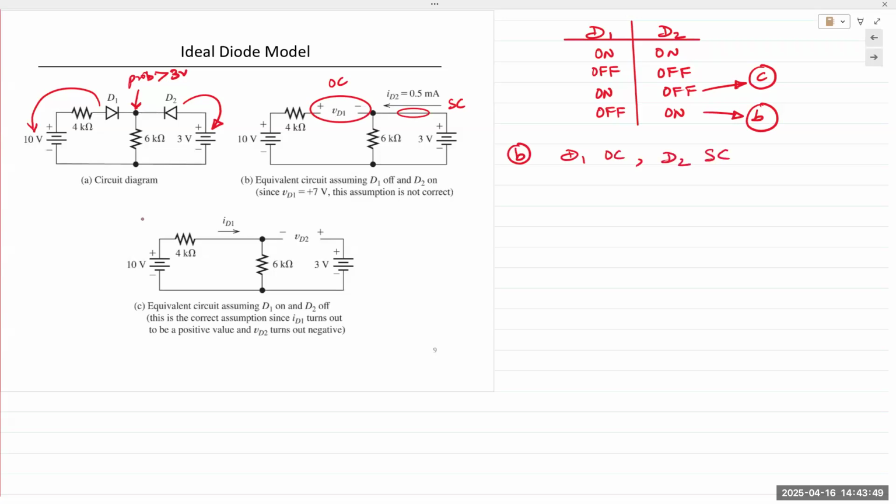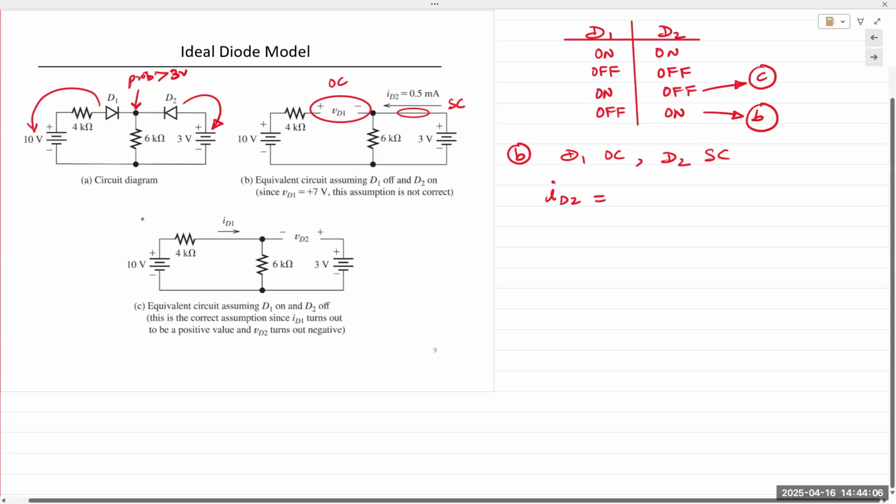The left side of the circuit is completely disconnected because of the open circuit assumption, right? So the right side of the circuit, by applying simple Ohm's law, I can find ID2. It's a series circuit. Current just simply flows through the source and the resistance.